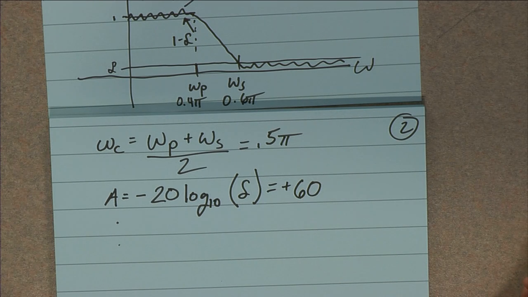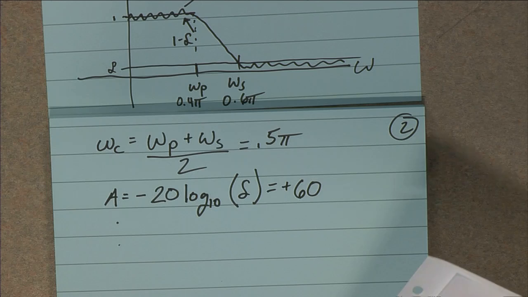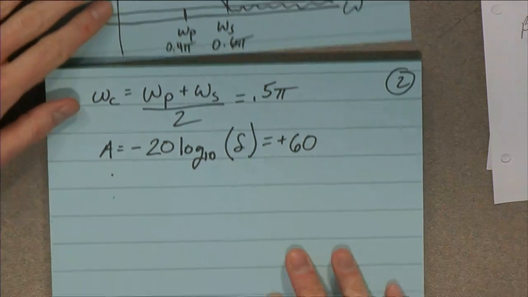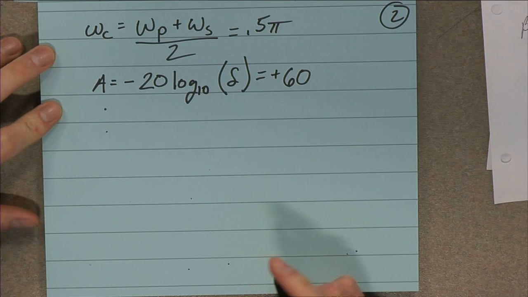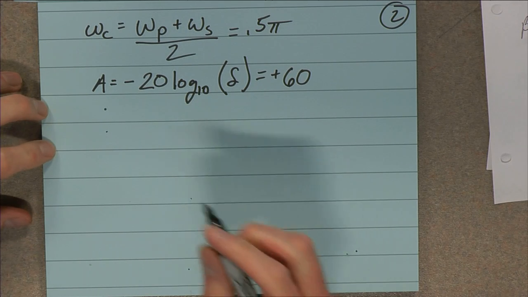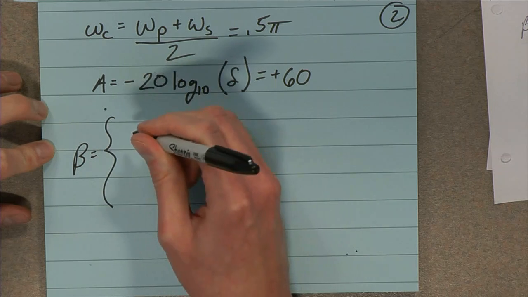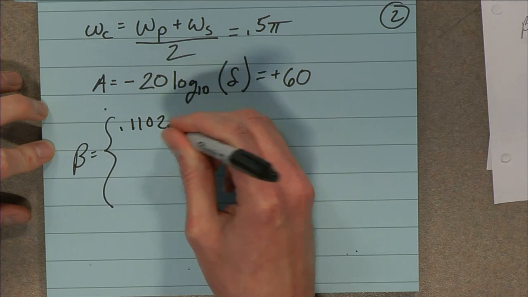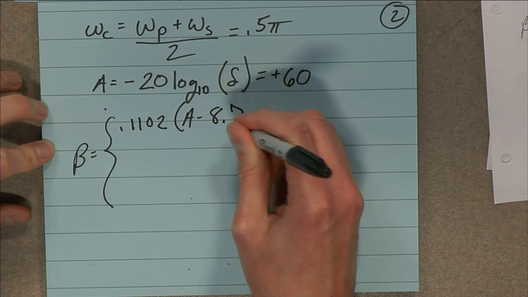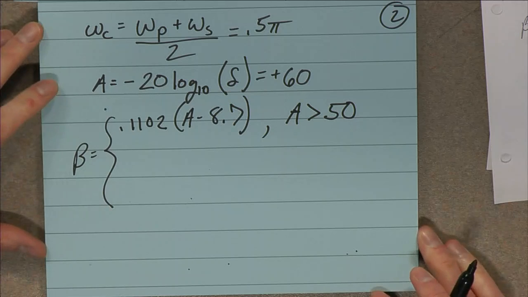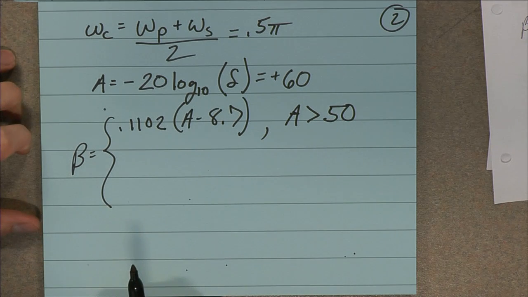Now there was a bizarre formula related to curve fitting from last time, based on the value of A. We were calculating a shape parameter, and I'll write it down again for context. Beta was 0.1102 times (A minus 8.7) if A was greater than 50, and that's our case for this example.